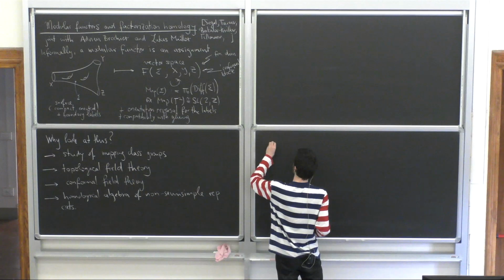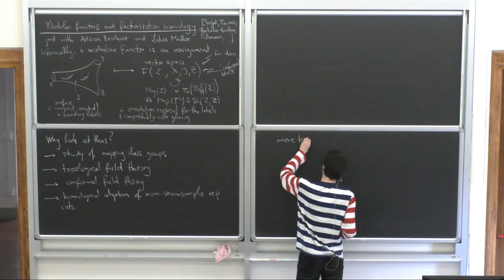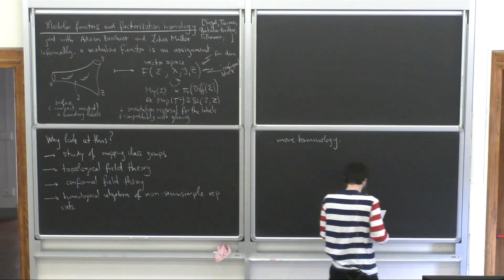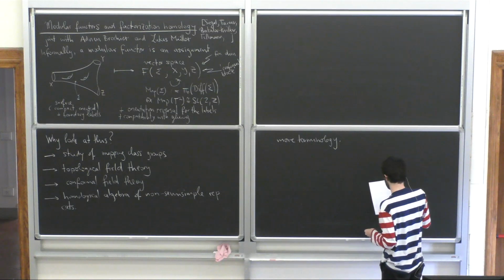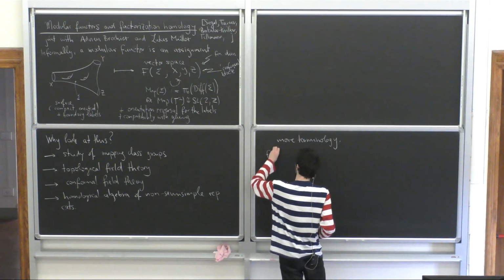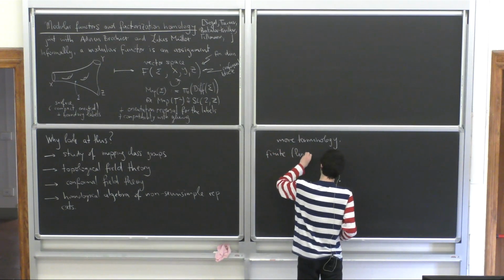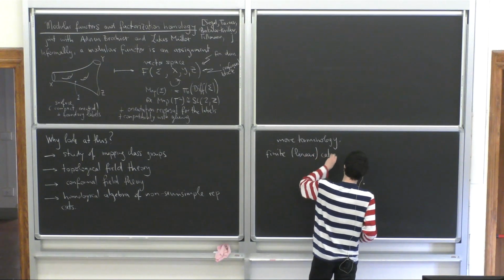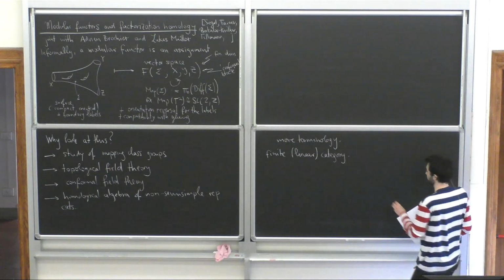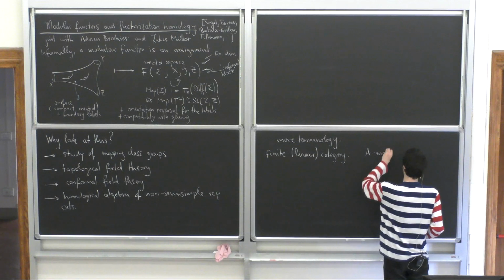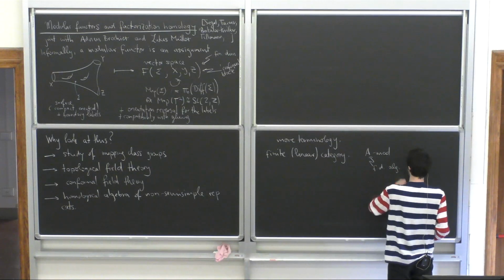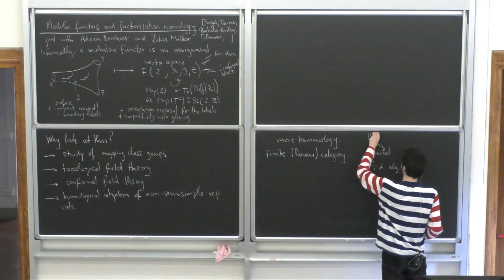So there will be the notion of a finite linear category, and this is going to be a linear category that is linearly equivalent to A-mod, and this A here is a finite dimensional algebra, and this mod here, those are finite dimensional modules.